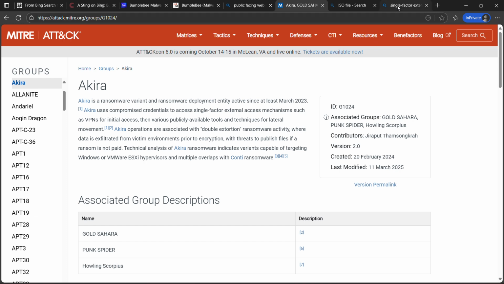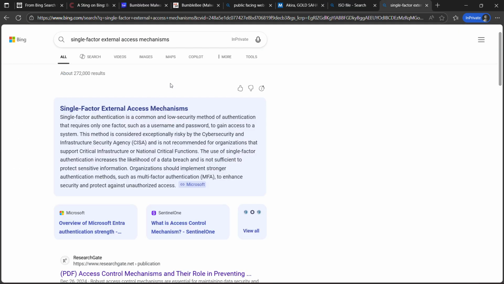So the most common one right now is multi-factor authentication, right? Basically, when you log in to, let's say, your Google account, you have to give your email, your password, and you also have to confirm a number that is sent directly to your phone, kind of like an OTP or a one-time password.